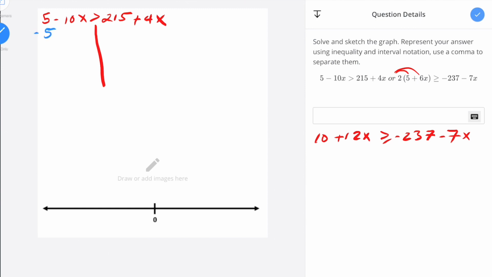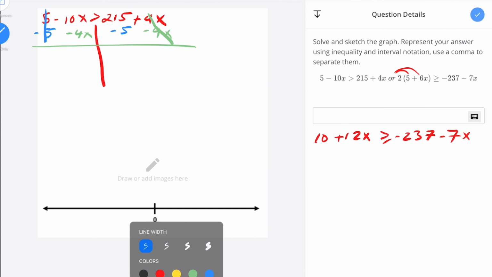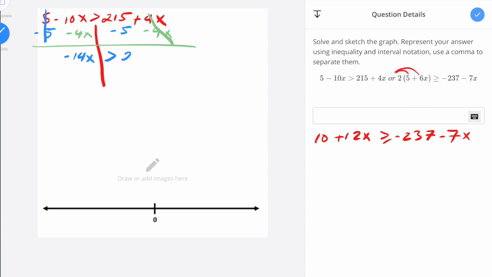Minus 5, minus 5, cross that out. Minus 4x, minus 4x, cross that out. Negative 14x, bigger than 210.